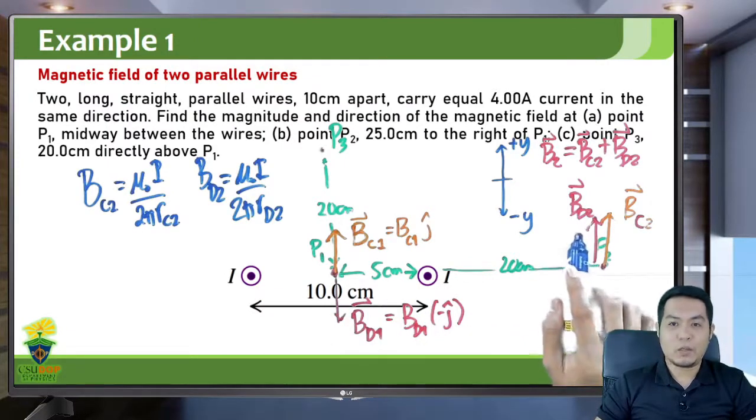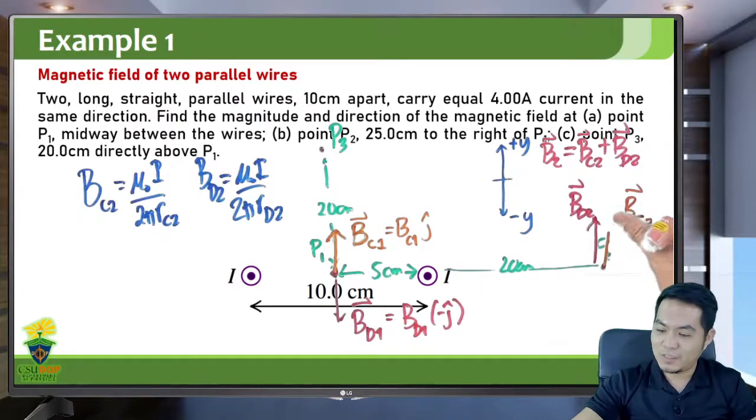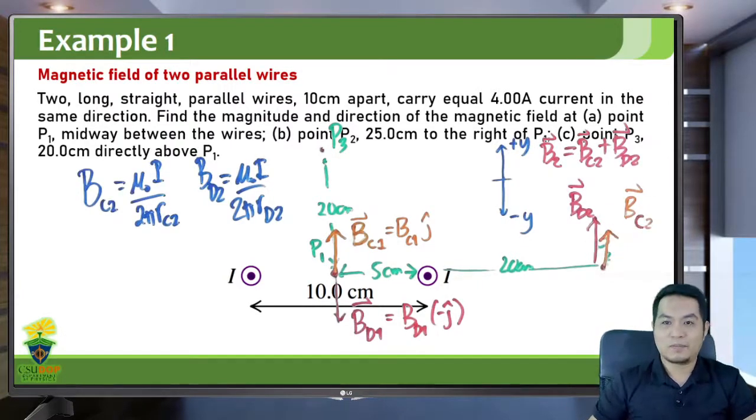So BD2 will be much greater than BC2. To more accurately represent our vectors, I'm going to trim the height of BC2 to that one. BD2 in this case is much greater than BC2.